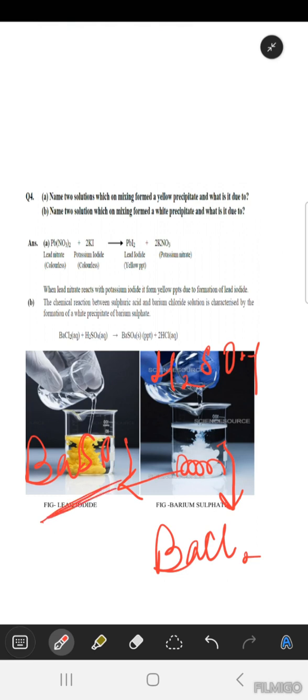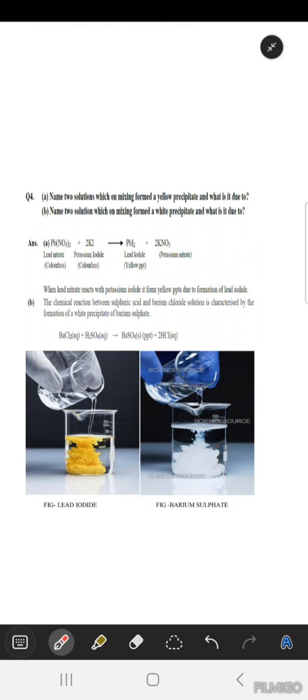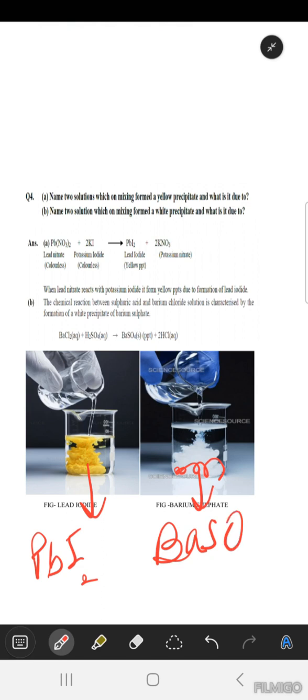So the yellow precipitate is formed due to the presence of lead iodide, and the white precipitate is formed due to the formation of barium sulfate.